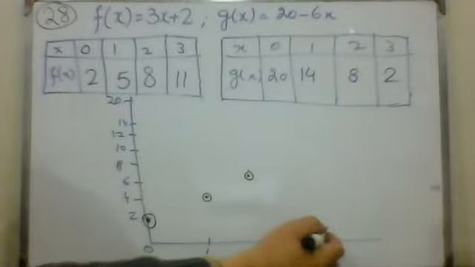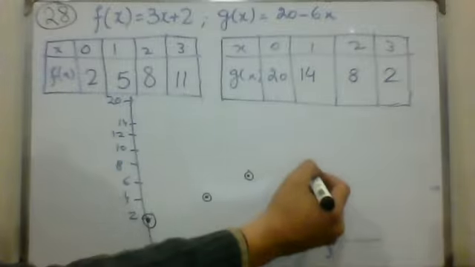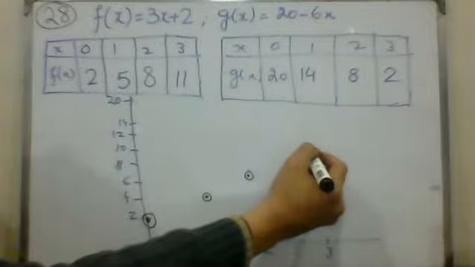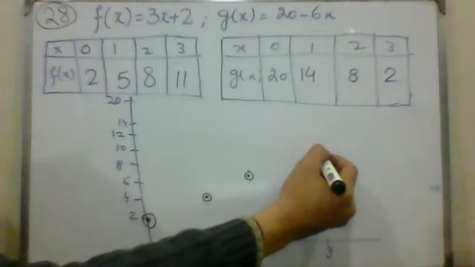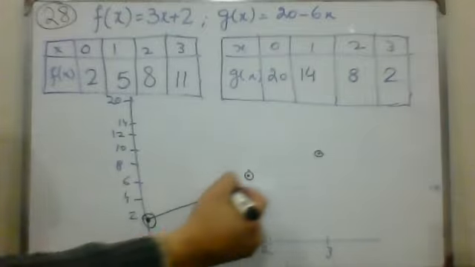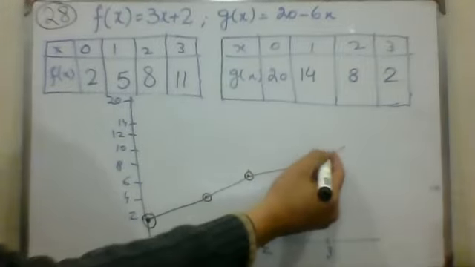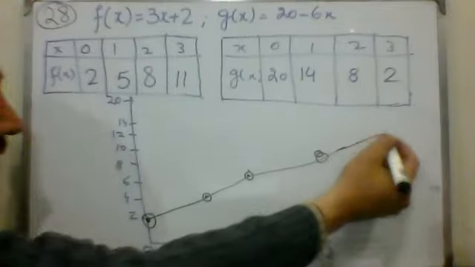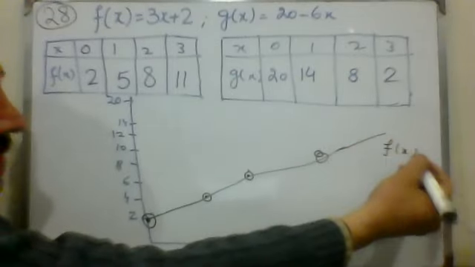Third one, when we put 3, the answer is 11, between 10 and 12. So here the graph will be a straight line. The straight line represents f of x.